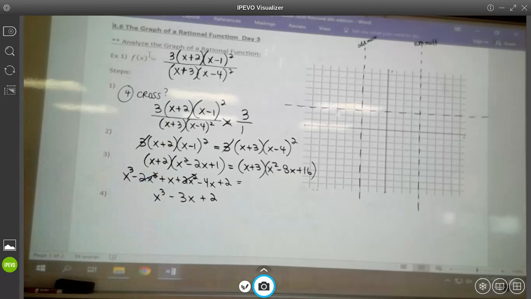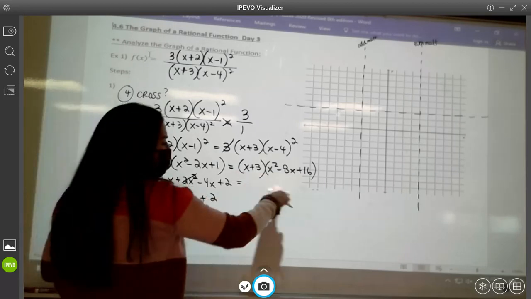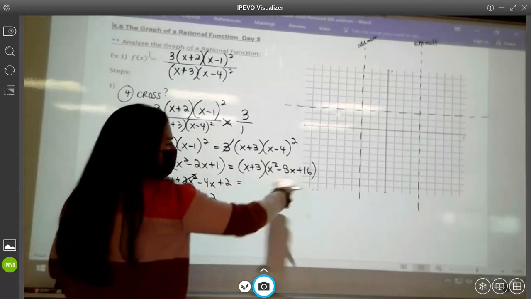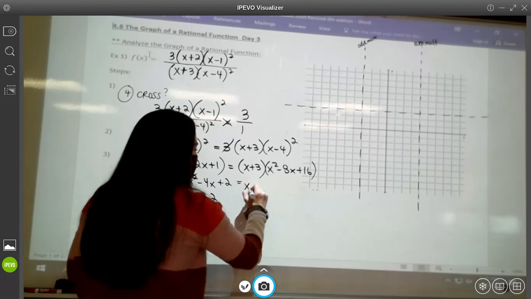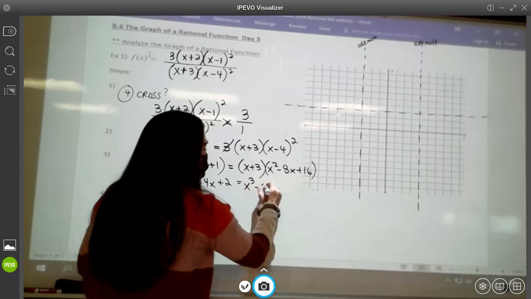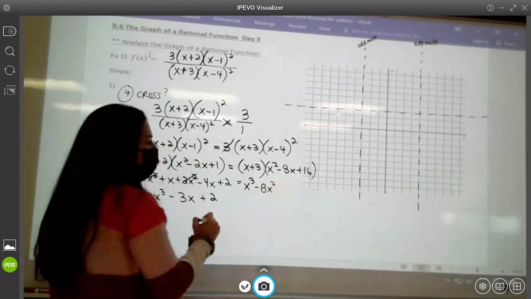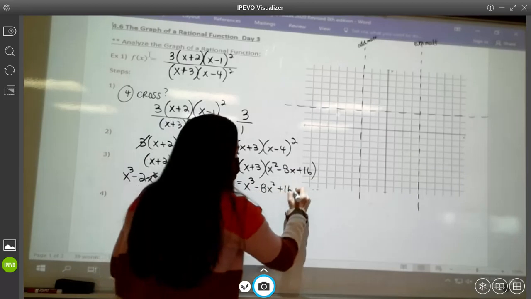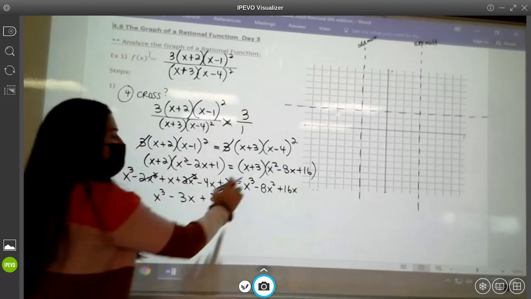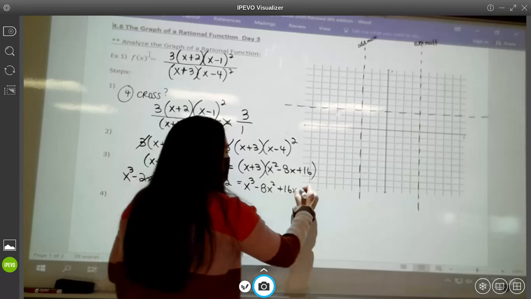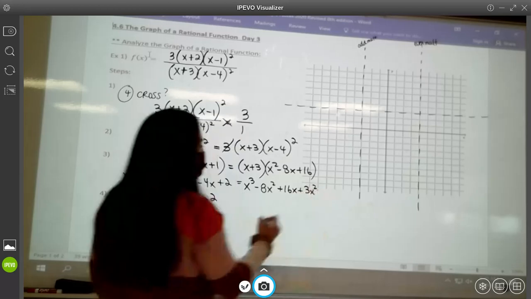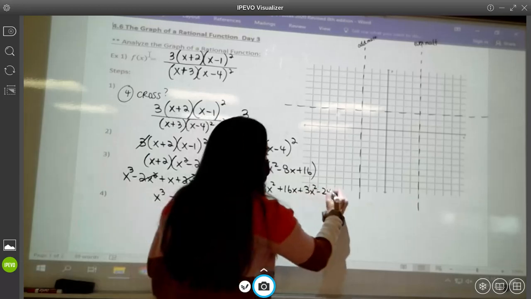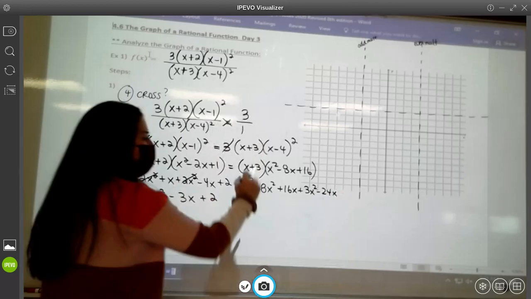All right, now I'm going to come over here. I'm going to distribute this: x to everything and then positive 3 to everything. X to the third minus 8x squared plus 16x. Then I'm going to distribute my 3: plus 3x squared minus 24x and then plus 48.